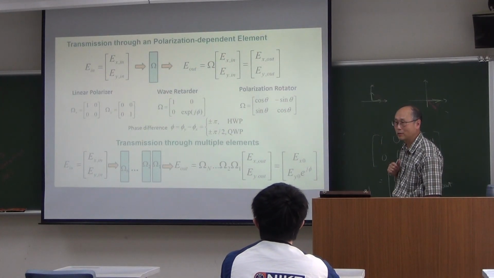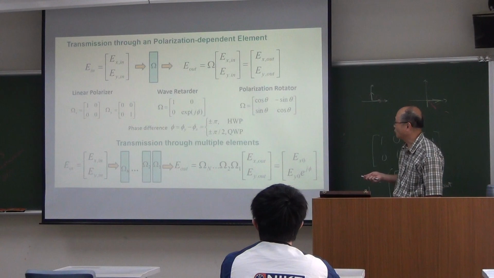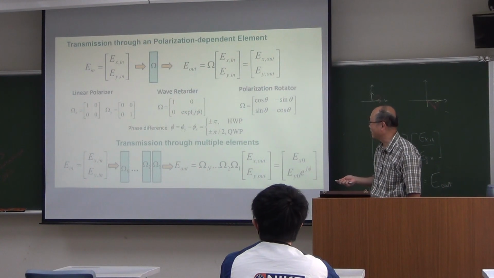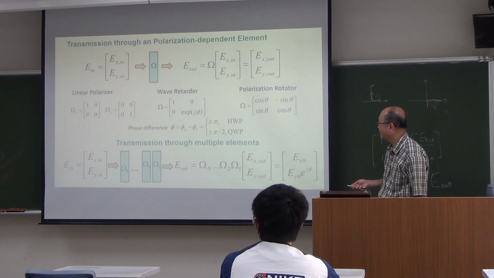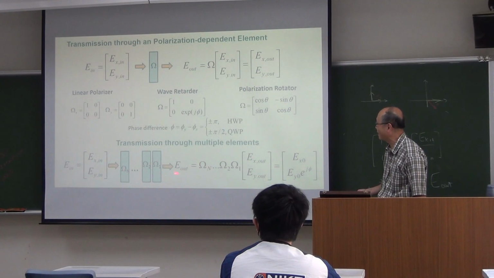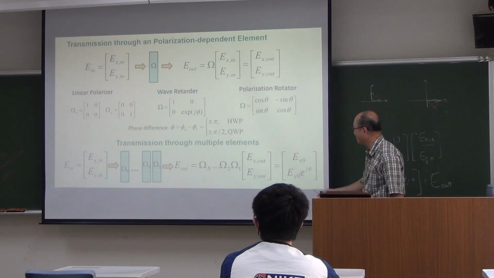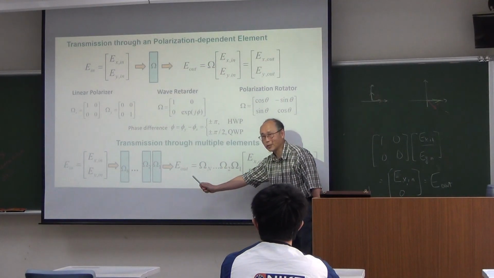The convenience is that you can send your input light through a series of polarization manipulators, one by one, and finally get the output by multiplying those matrices together.